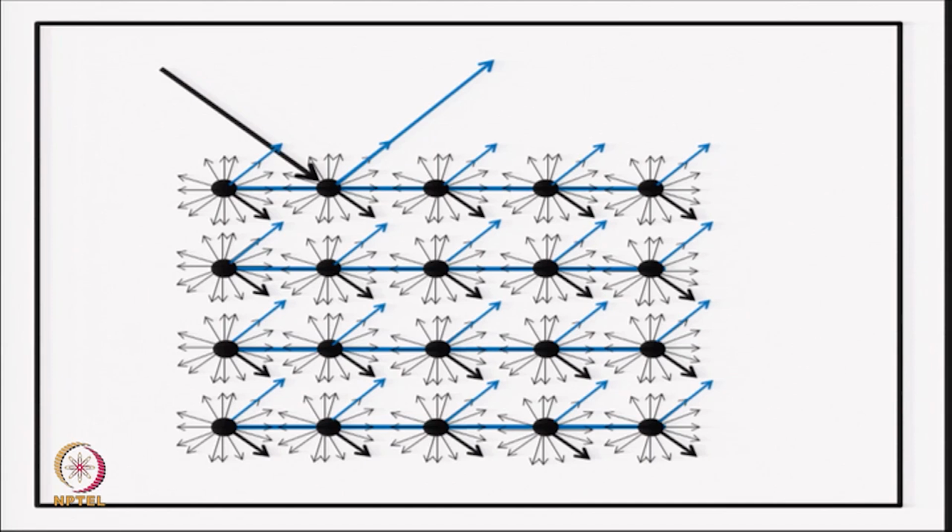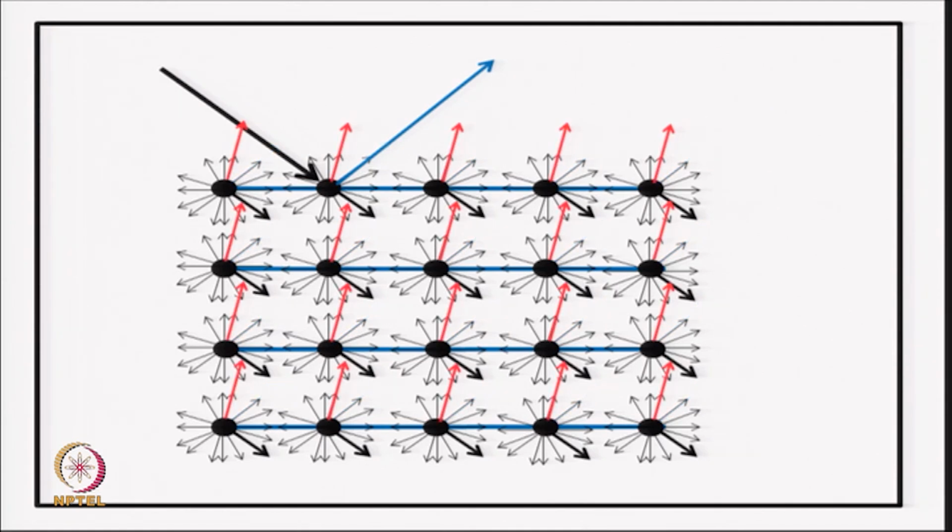As I have said, this may not be the only diffracted beam coming in this experimental setting. So, let us assume that there is another direction, the red direction, in which also there is a constructive interference. So, we will again get a strong beam in that direction.